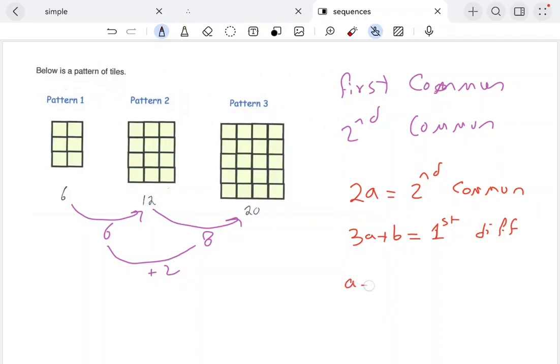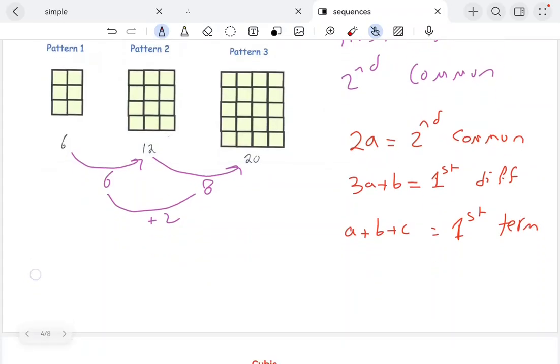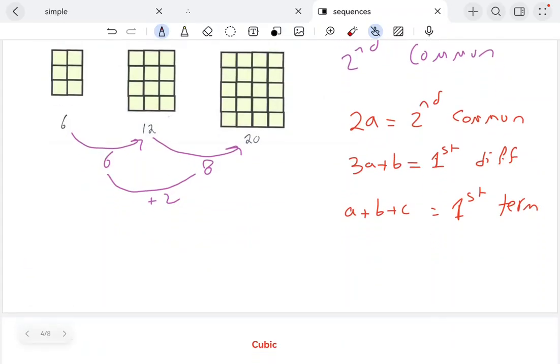And a plus b plus c is equal to the first term. For sure you don't understand anything now. I have 3 equations. 2a is equal to the second common difference, 3a plus b is equal to the first difference, and a plus b plus c equals the first term.